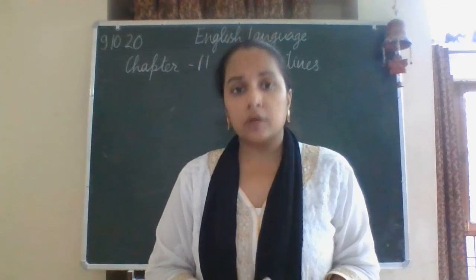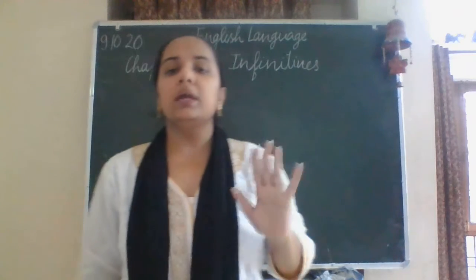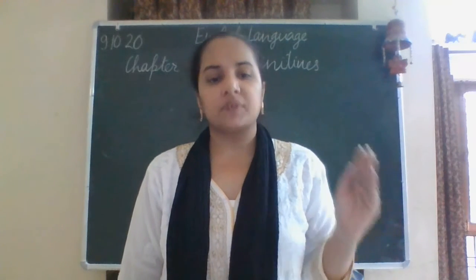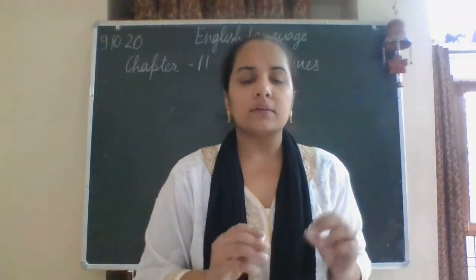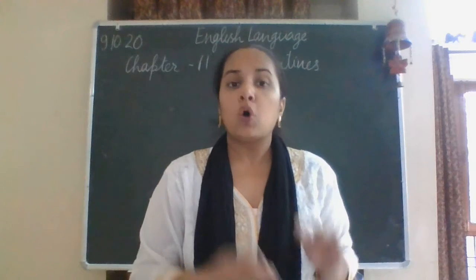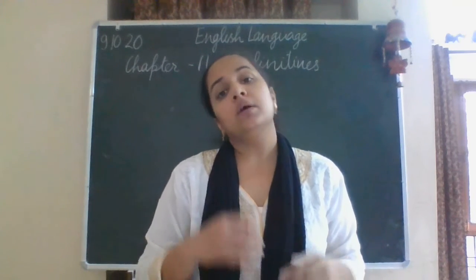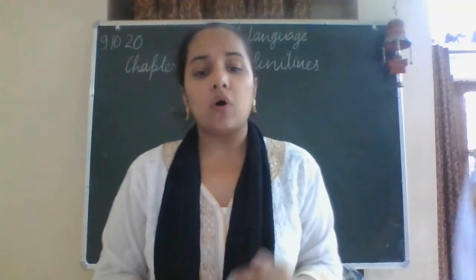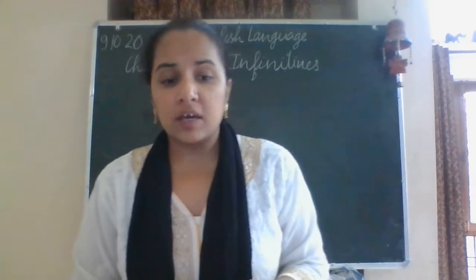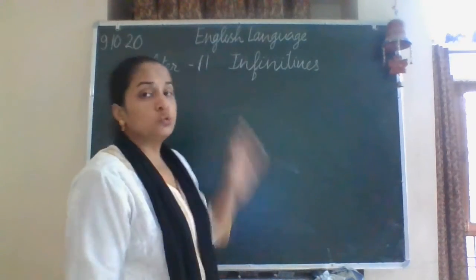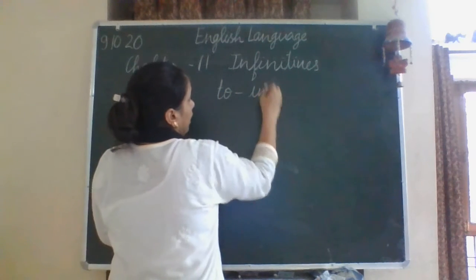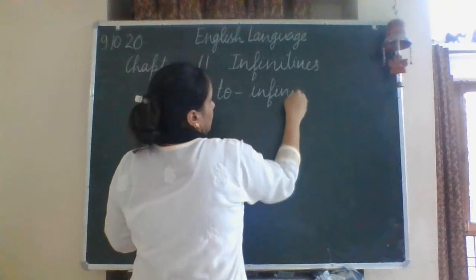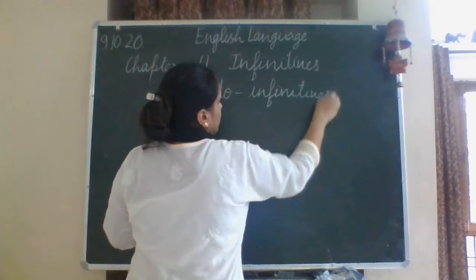Now, what kind of verb? In the infinitives, we use the base form of the verb and we add to with the base form of the verb. Although the infinitives can be with or without the use of to, the infinitives with to are known as the to infinitives.